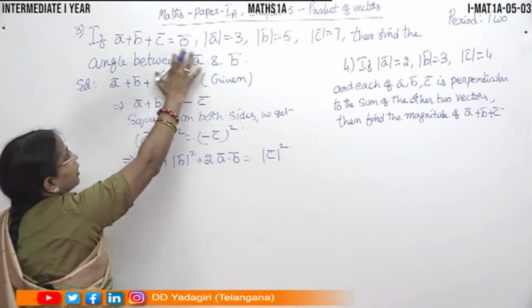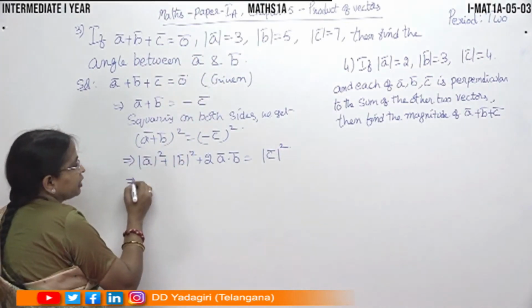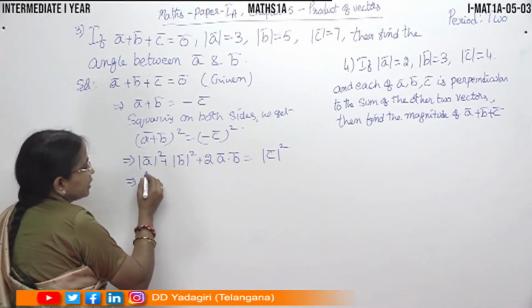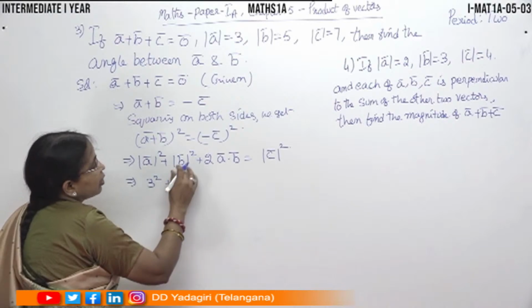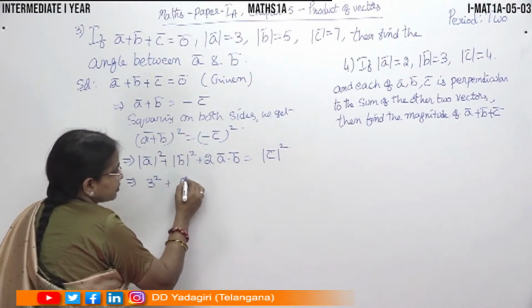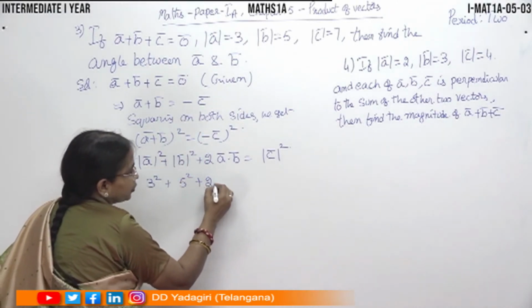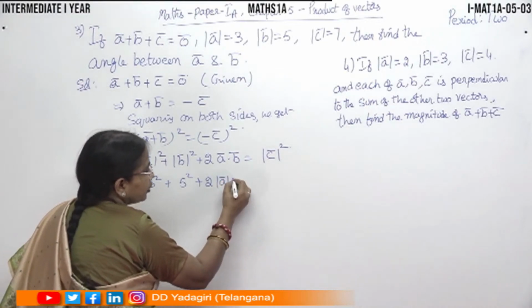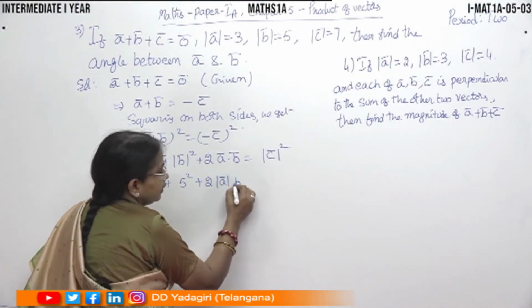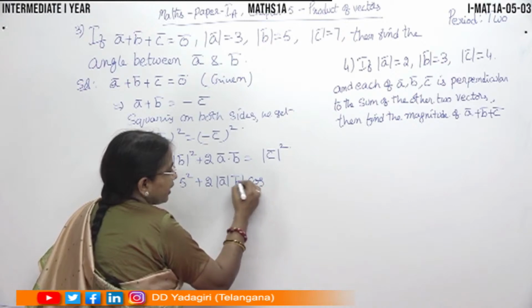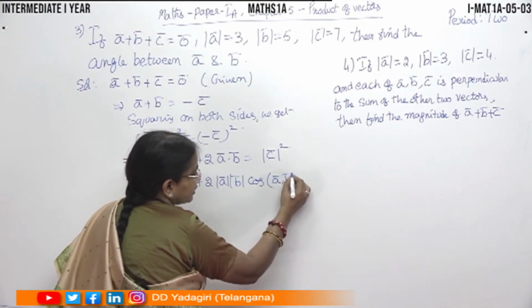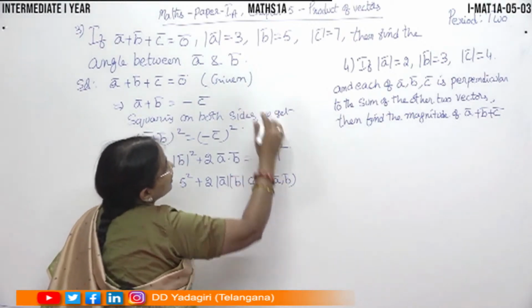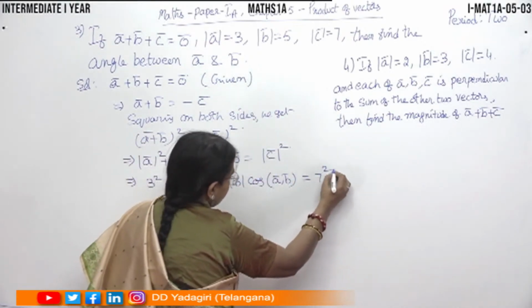Now you are given mod A as 3. Substitute the values. Mod A is 3, so that is 3 square, plus mod B is 5, so 5 square, plus 2 into mod A into mod B into cos of angle between A and B, this is the formula, is equal to mod C square, that is 7 square.